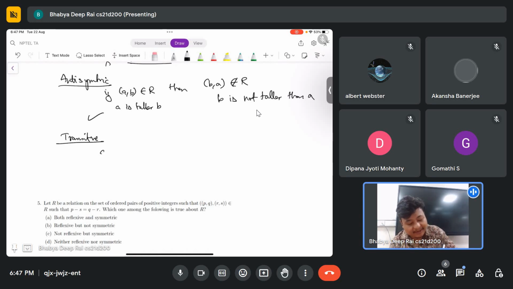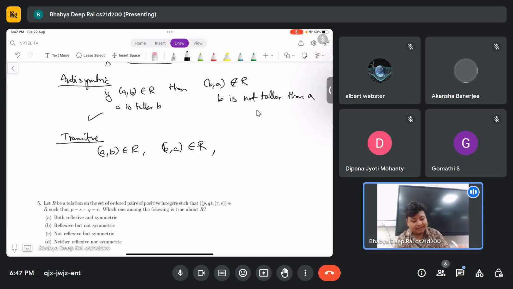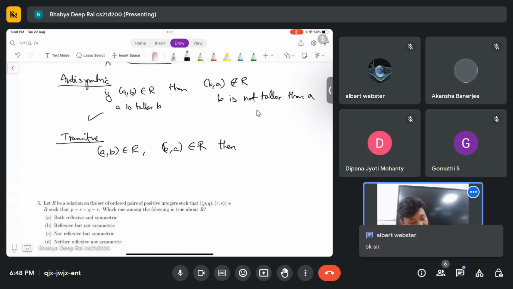Transitivity says that if (a, b) is in R and (b, c) is in R, then (a, c) belongs to R. Albert, let's assume that the set is the set of all people, so the set is much larger than 2. Then you have enough people, and then (a, c) belongs to R.